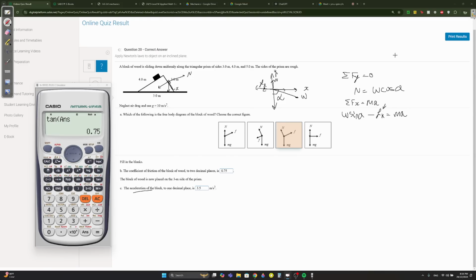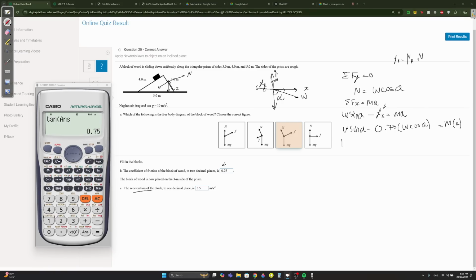So fk, we know, is equal to mu k n. So we're going to substitute: w sine alpha minus mu k, which is 0.75, times w cosine alpha, equal to the mass times the acceleration. We can cancel mass everywhere.